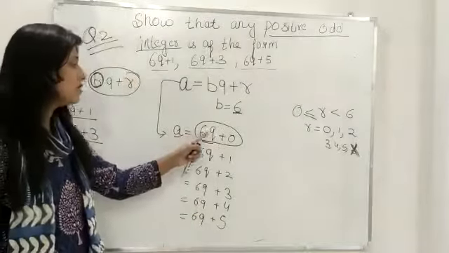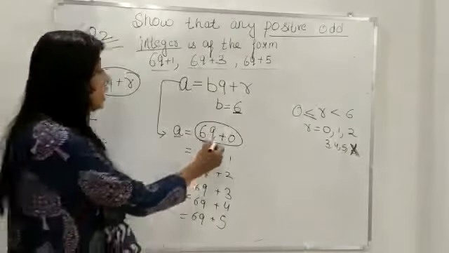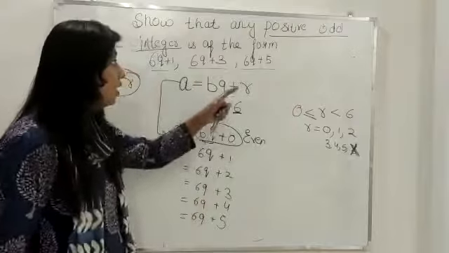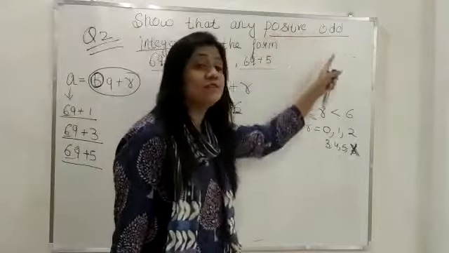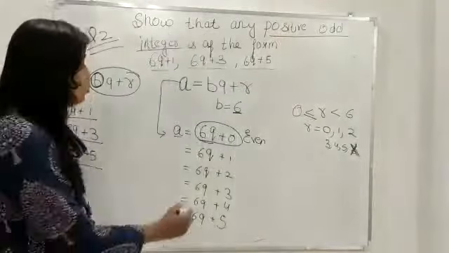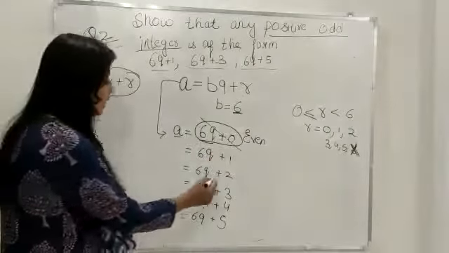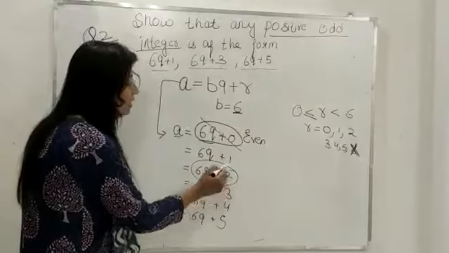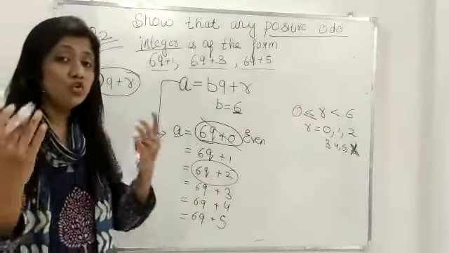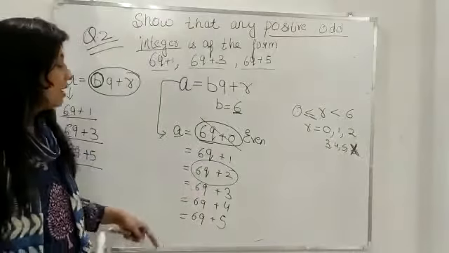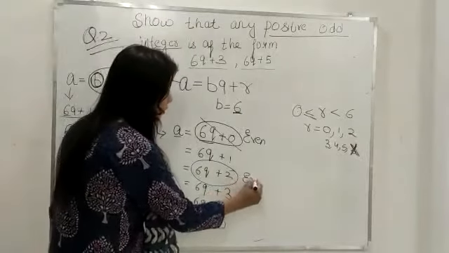So 6 times anything will give you an even number. But what you want here is A as a positive odd integer. So this I will cancel because this is even. Next, in this number, I am adding 2. Whenever I add 2 to an even number, that is 6q, I will again get an even number.